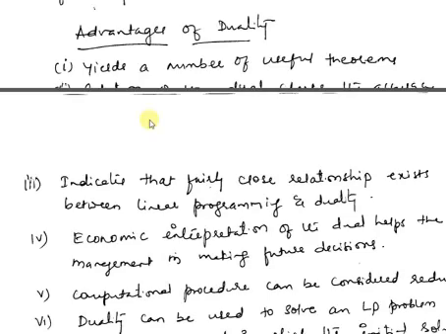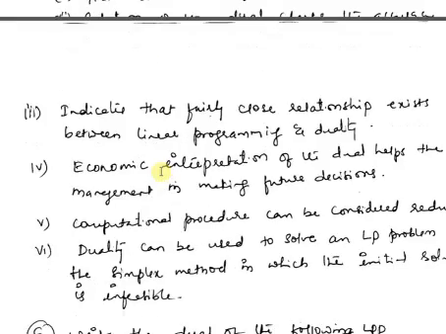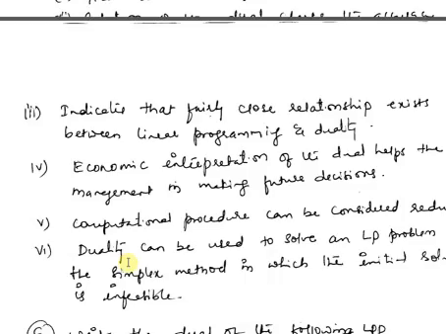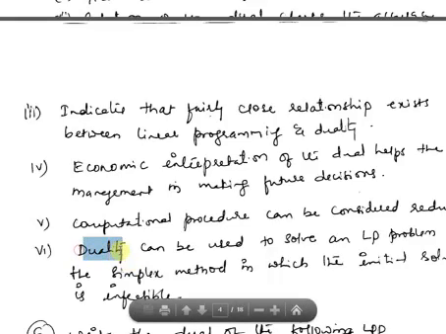Also, the economic interpretation of the dual helps management in making future, more critical decisions, and the computational procedure can be reduced. Duality can also be used to solve a linear programming problem, instead of the simplex method, in which the initial solution is infeasible. So duality helps you solve those problems for which the initial solution is infeasible.